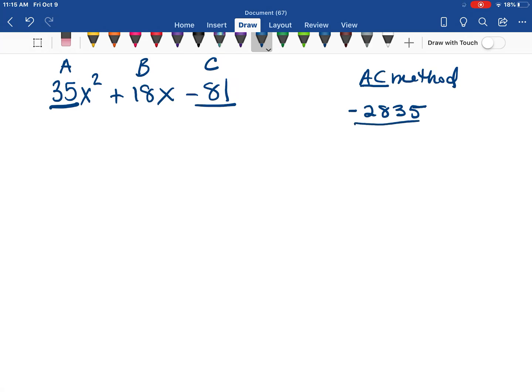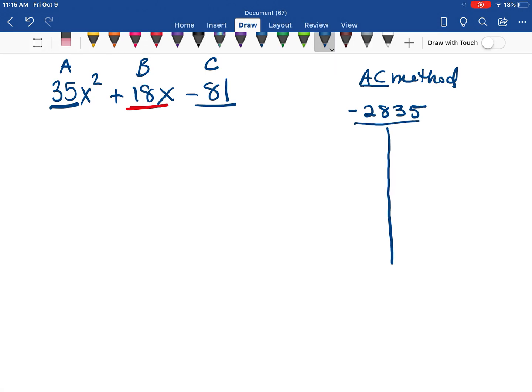Now, this is where it's a little tricky, not necessarily tricky, but time consuming. Because this is such a large number, there's a lot of combinations to check. But essentially you're trying to find the combination that when I multiply, I get negative 2,835, but when I add the two numbers together, I get the 18 in the middle.